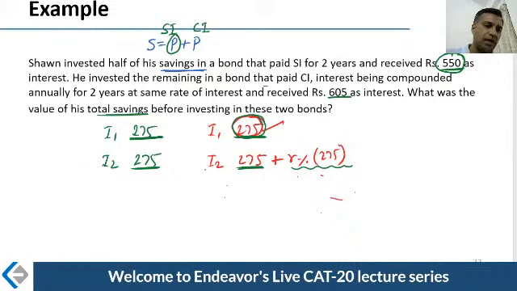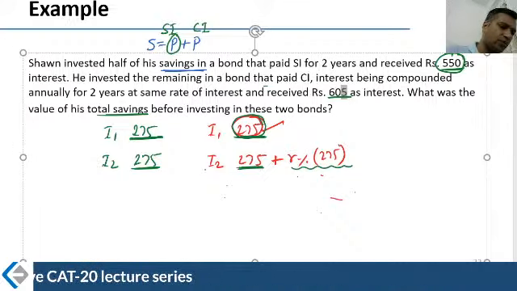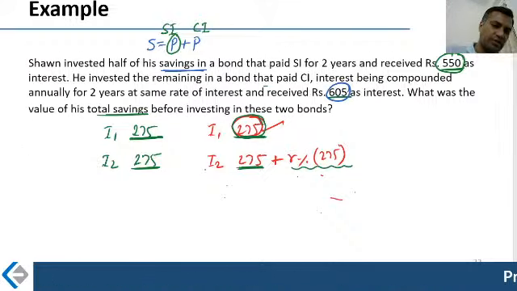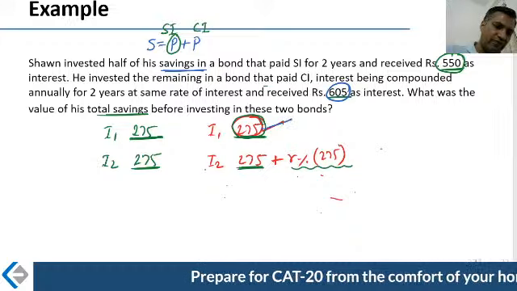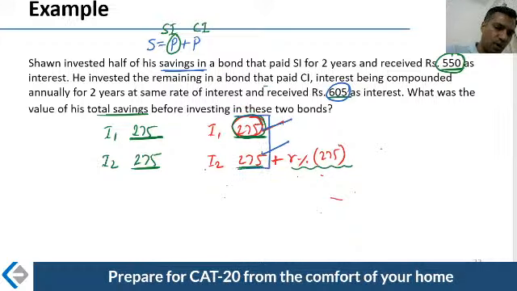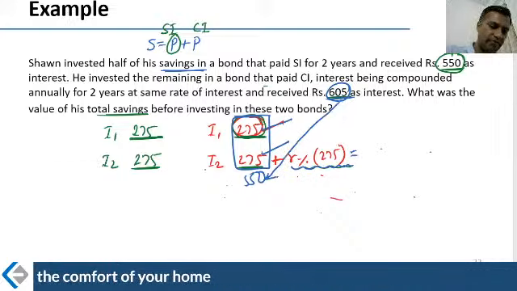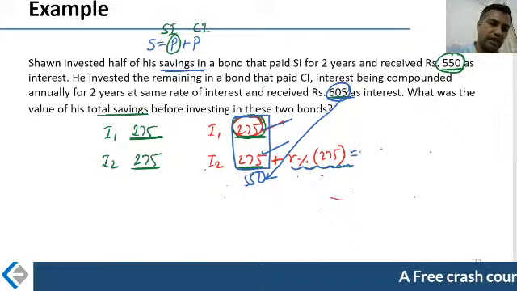Now therefore the extra becomes R% of 275. Look at this 605. If I add 275 and 275, these two components make 550, and the remaining component is 605 minus 550, which is nothing but 55.